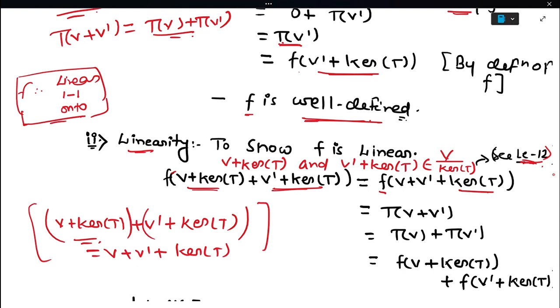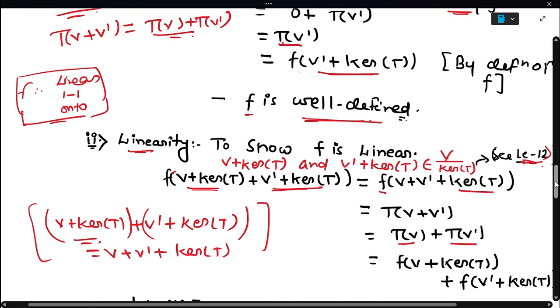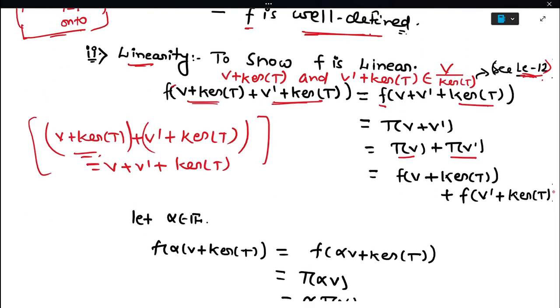Now as T is linear, we have T of v plus T of v', and by definition of f again, where T of v equals f of v plus kernel of T, and T of v' equals f of v' plus kernel of T. Now see, f is linear.